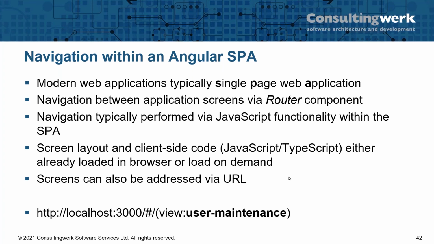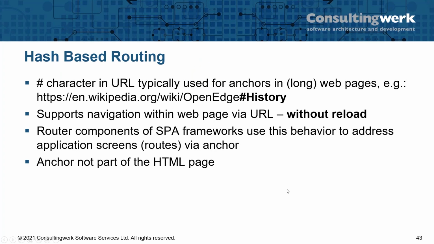This is typically, well, in the sample that I'm showing you here, in the Angular routing that we are using, it's using the hash-based routing. The hash character in web addresses is typically used to navigate to anchors in longer web pages. So if you look at this Wikipedia article on OpenEdge, it's not the longest article, but well, it's not in this community one that fits well.